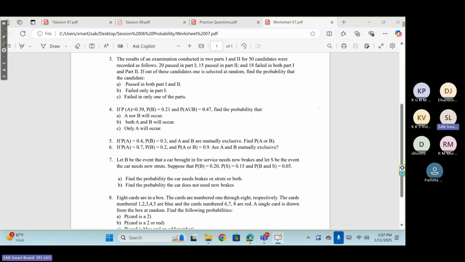Then here, the results of an examination conducted in two parts, 1 and 2, for 50 candidates were recorded as follows. The total candidates are 50. 20 passed in part 1, 15 passed in part 2, 18 failed in both part 1 and part 2. This is the story. Then first we identify what the events are here.